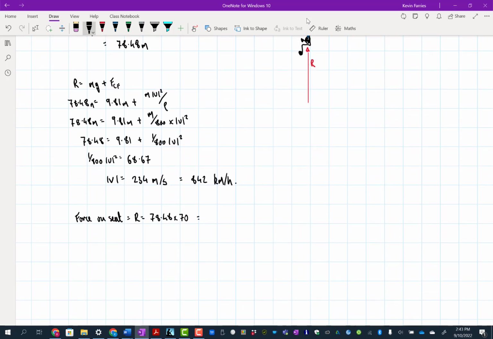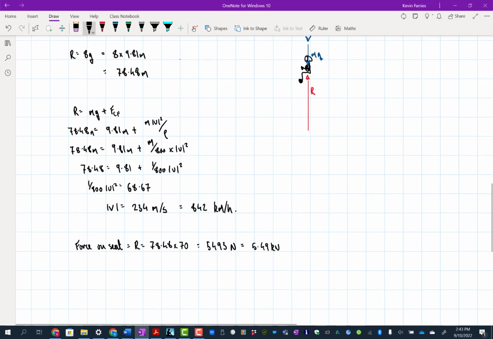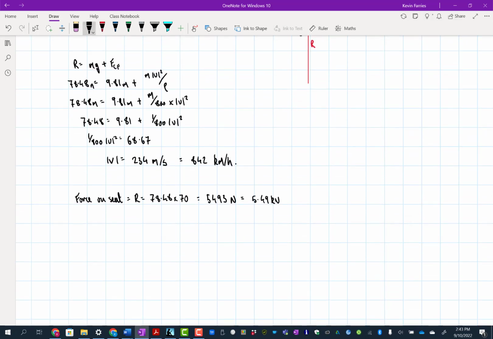So 78.48 times 70 is 5493 newtons, which is a lot, equal to 5.49 kilonewtons, say. So it's half a ton. That's one heck of a force, 8G. You'd think someone would be able to survive that, but who knows, maybe they've got special suits that help them.